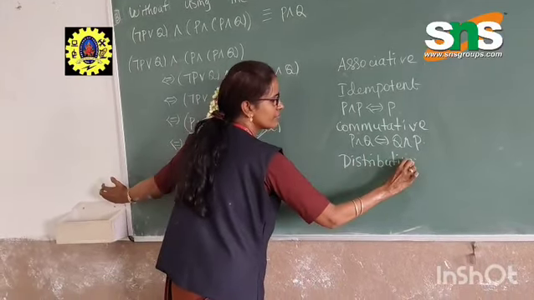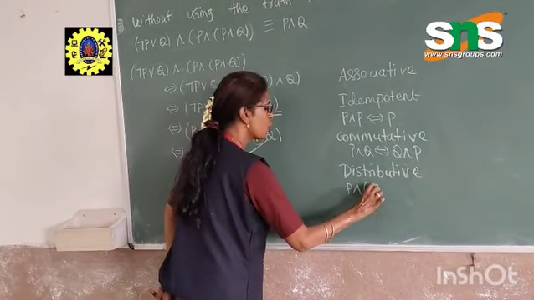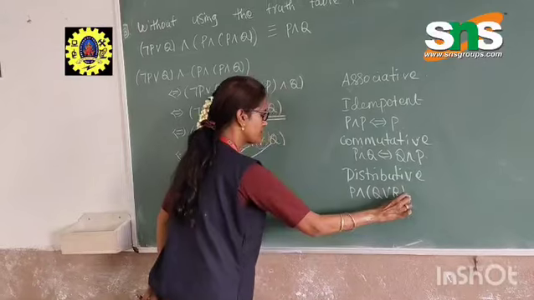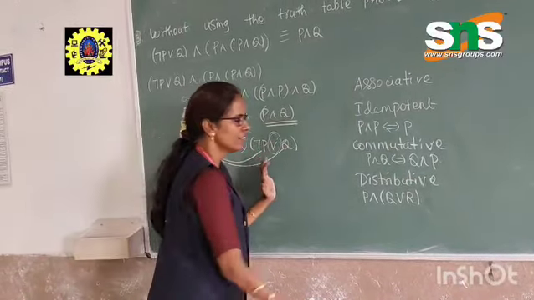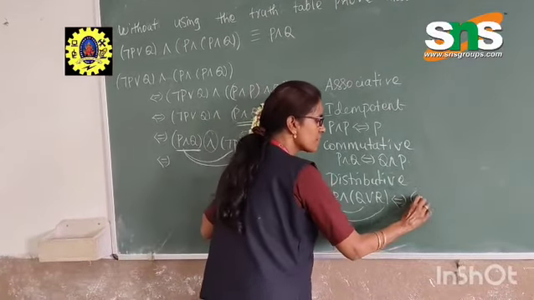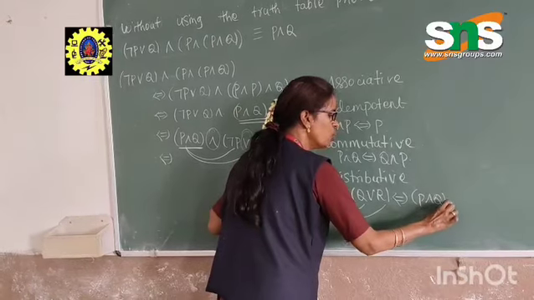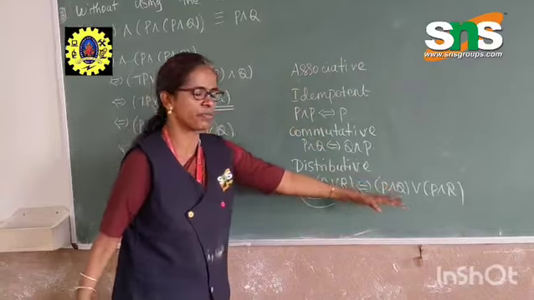The law is what? P and (Q or R) is equivalent to (P and Q) or (P and R). This we are going to express as the formula.